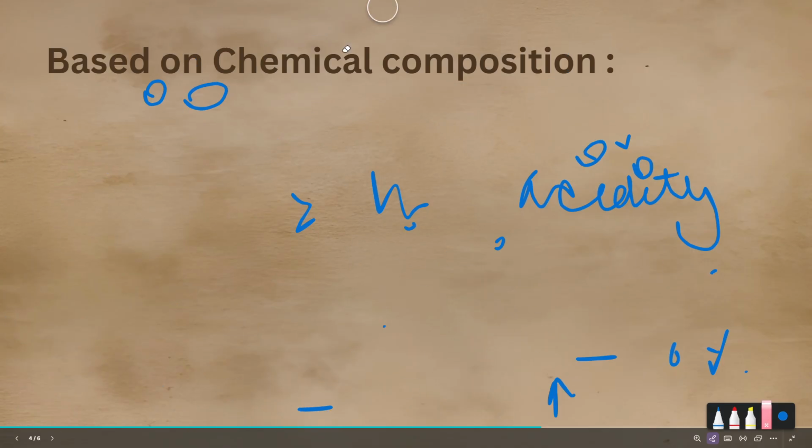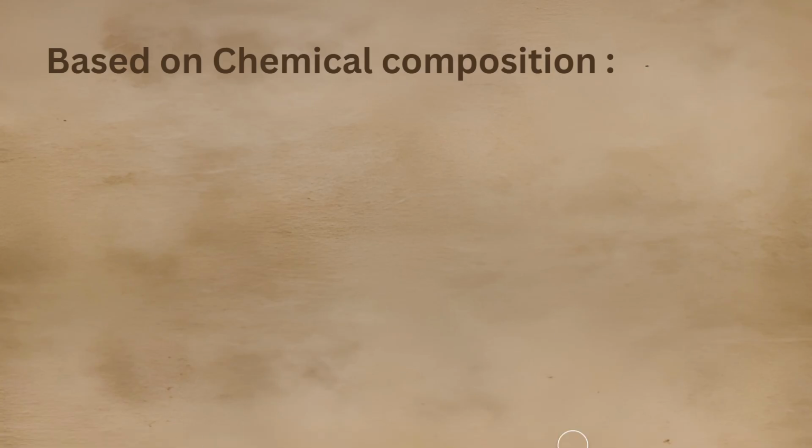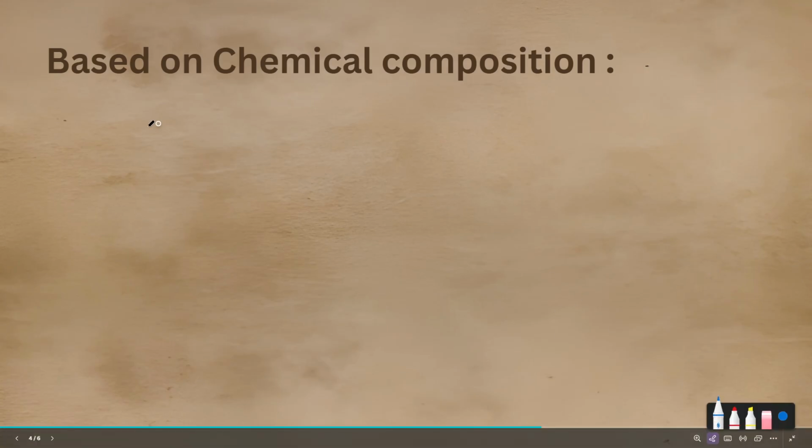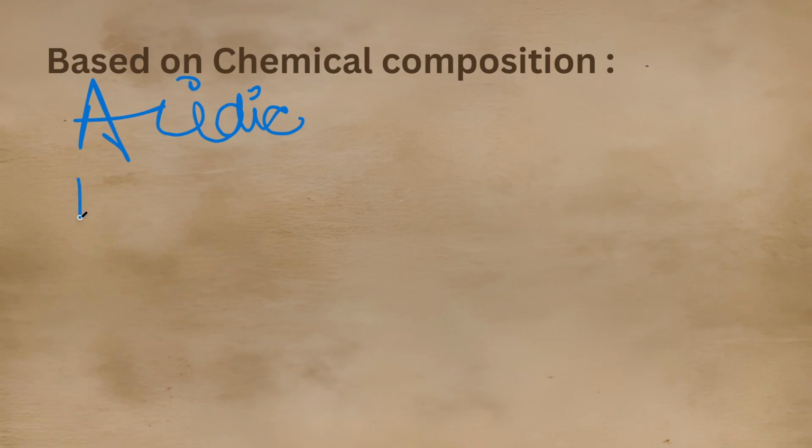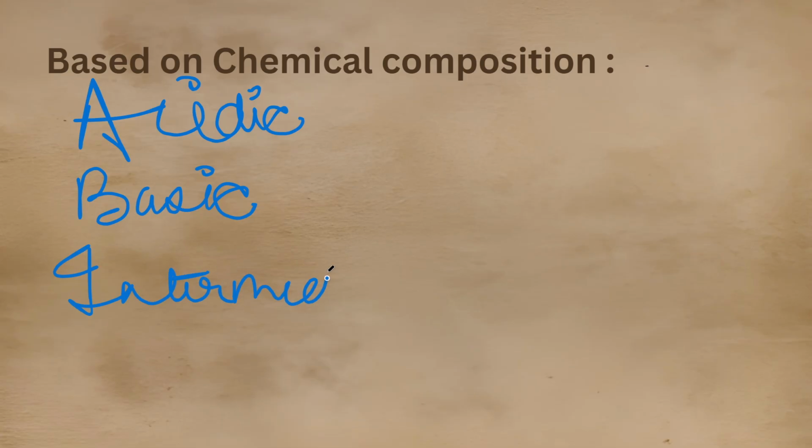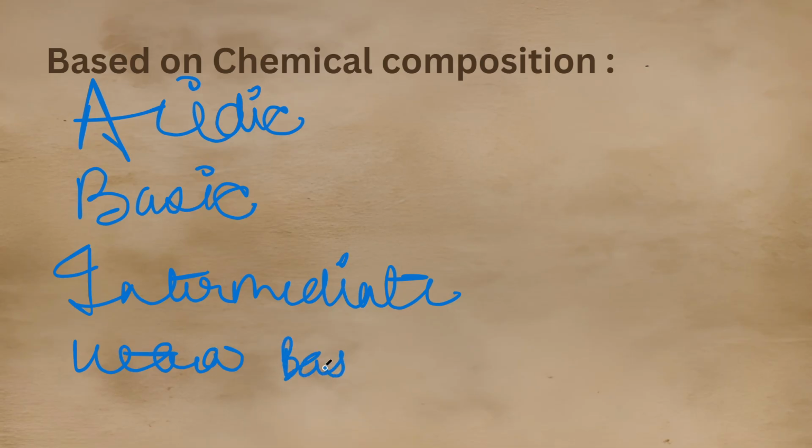I will write them properly for your convenience. First is acidic igneous rock. Second is basic igneous rocks. Third is intermediate igneous rock. And the fourth is ultra basic. Acidic igneous rocks, silica 65%. Example is granite.